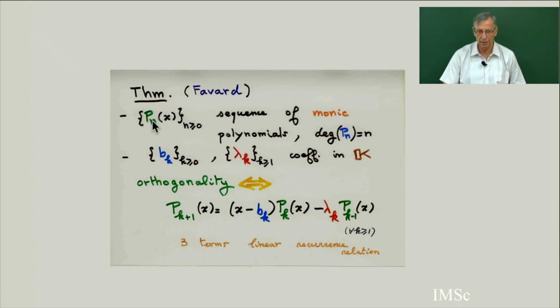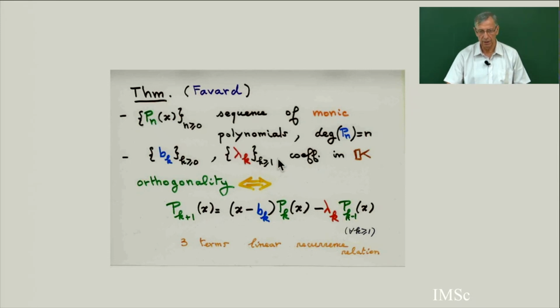So suppose you have a sequence of polynomials. Monic means that it's a polynomial of degree n, and the coefficient of highest degree is x to the power n. So this means monic polynomial. Then the Favard theorem says that it's a necessary and sufficient condition to have orthogonality. So I define two sequences, b_k and lambda_k. b_k starts with k from 0, lambda_k starts from 1.